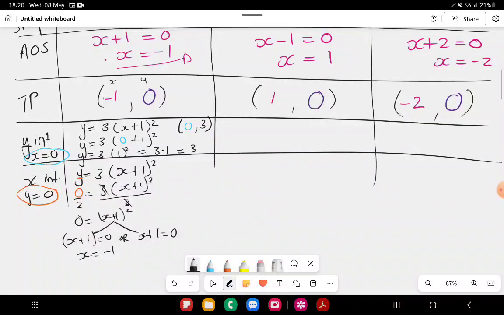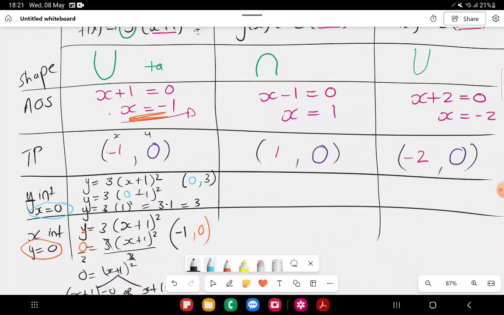Notice that this negative 1 is the same negative 1 as the one there. So your turning point ends up being your x-intercept as well. So our x-intercept is negative 1 for x and y is 0.